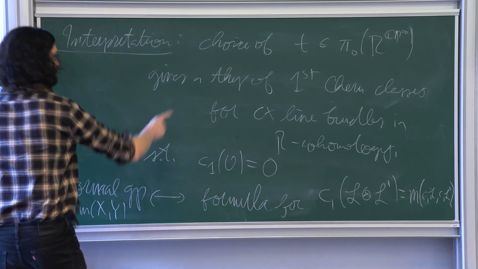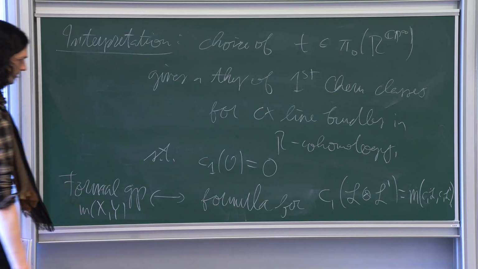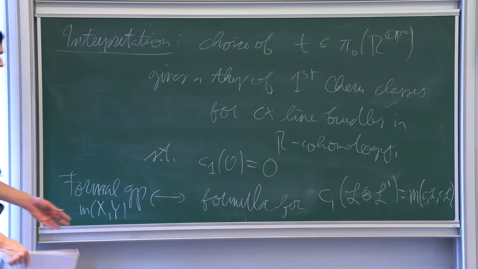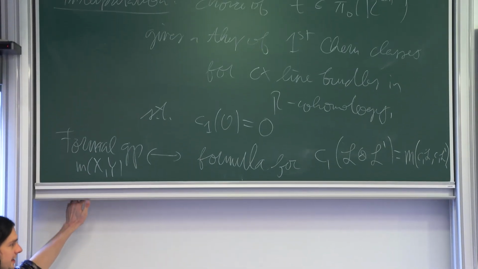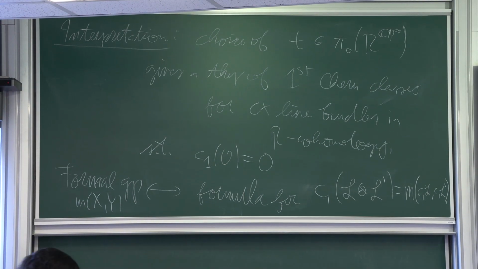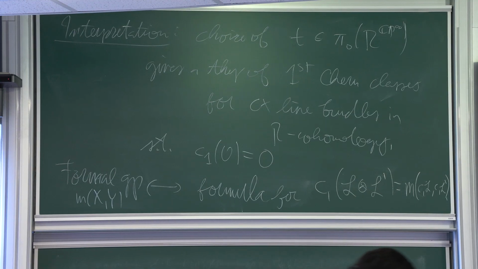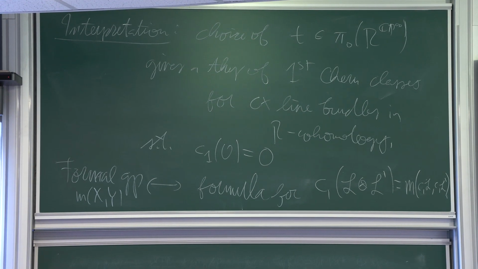So a formal group law, given a coordinate, is just a power series in two variables, and in terms of first Chern classes, it explains the behavior with respect to tensor product of line bundles. So let's do some examples again.